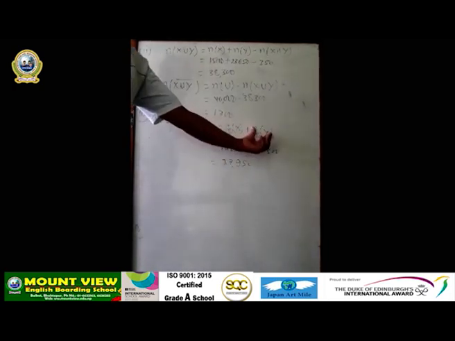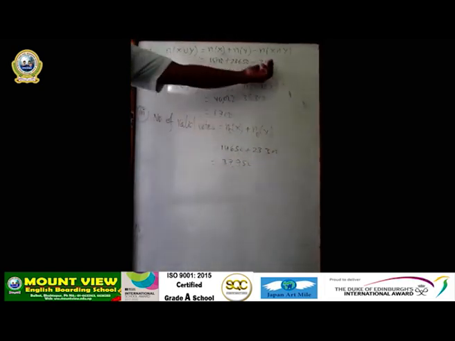So 37,950. And remember, in some books this answer may not be right. Don't be confused. This 15,000 is the total votes for X, and this 350 is also included here and here. So since this is in the 15,000, we have to subtract it. That's why this answer is right.